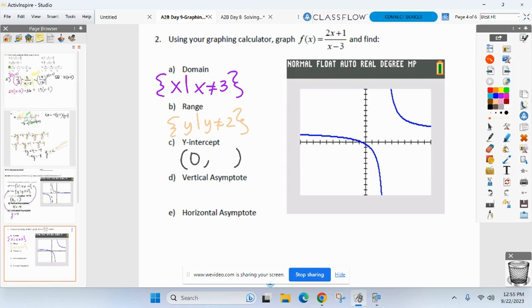Negative 1/3. Everyone getting that? Now use the relationship we had in the last graph. What's my vertical asymptote associated with? The domain, right? So my vertical asymptote will be x equals 3. And then my horizontal, y equals 2.